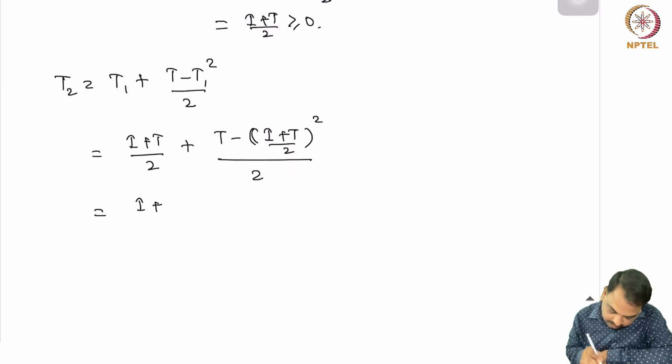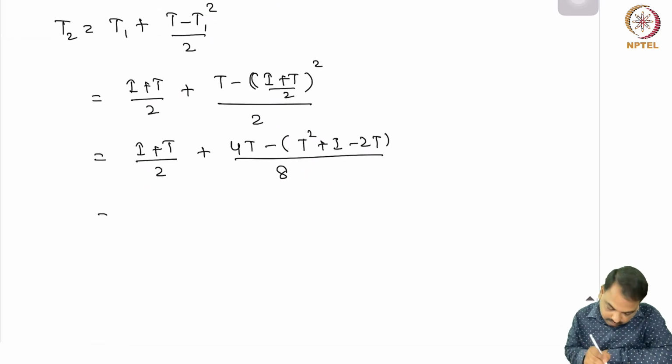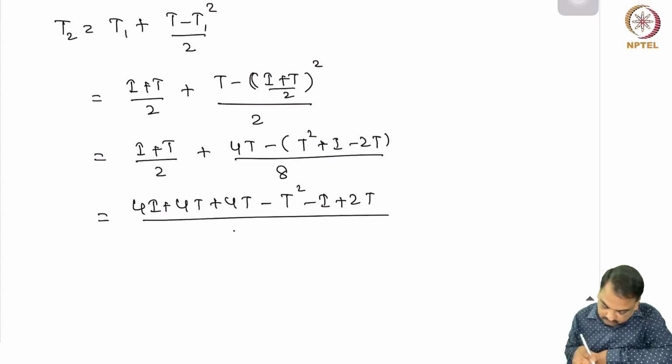Simplifying, this is I plus T plus 2T minus T square plus identity minus 2T, with denominator 8 and numerator 4. This is nothing but 4 identity plus 4T plus 4T minus T square minus identity plus 2T, divided by 8.